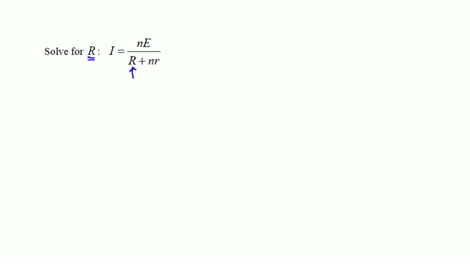If instead I just say, okay, my LCD is the only denominator that I have, it's the whole factor big R plus little n little r, then I can multiply both sides of this equation by big R plus little n little r and just see what I get, and start thinking about the rest of the problem after I am done with that process.